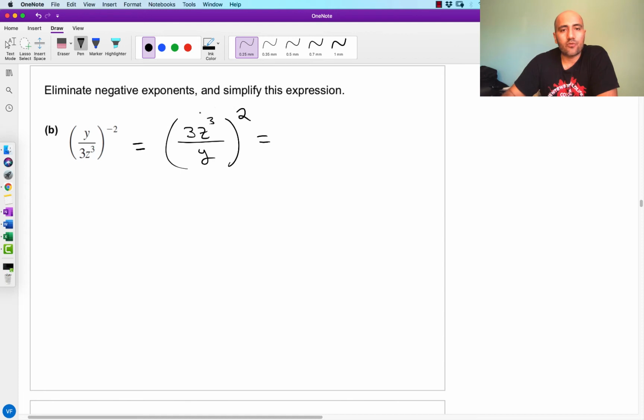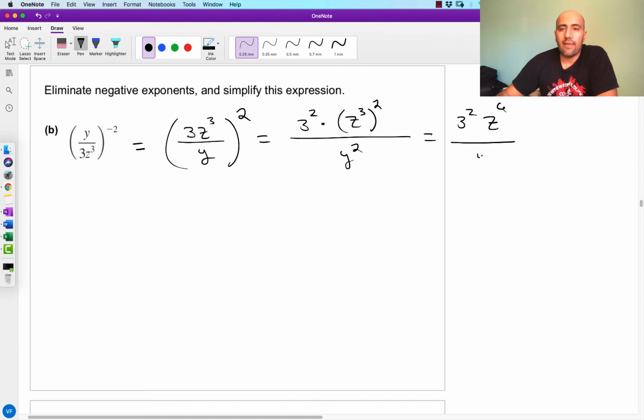So now we can distribute that, and we end up with 3 squared times z cubed squared all over y squared. And now we have an exponential raised to another exponent. That'll be 3 squared z to the power of 6, right? We multiply the exponents, and then divided by y squared.